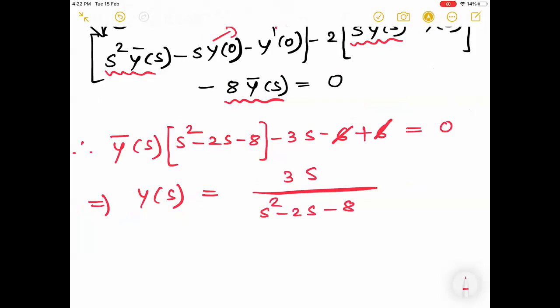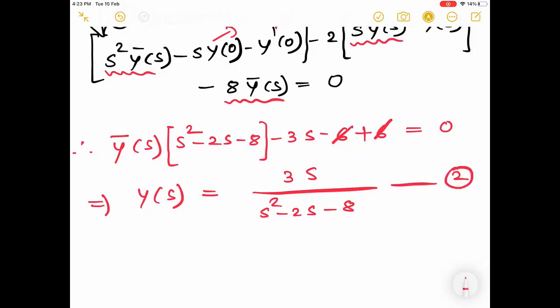Got it? Yes or no? Yes, ma'am. Please repeat that step, the second last one. This is half of the solution. So I'll call this number 2.